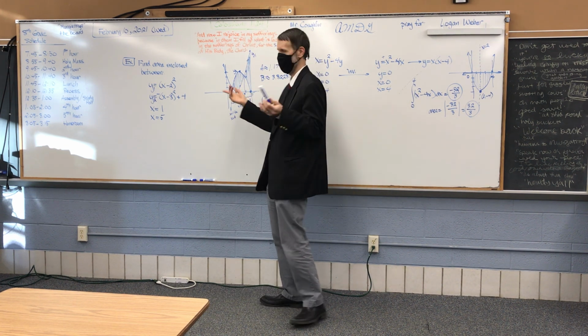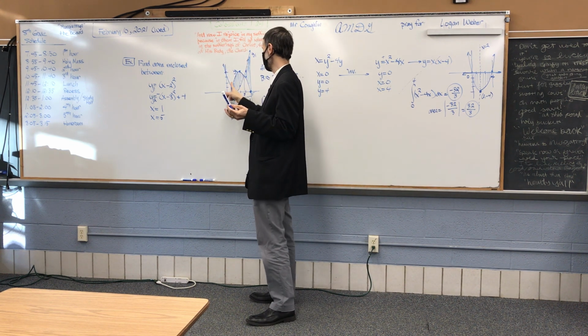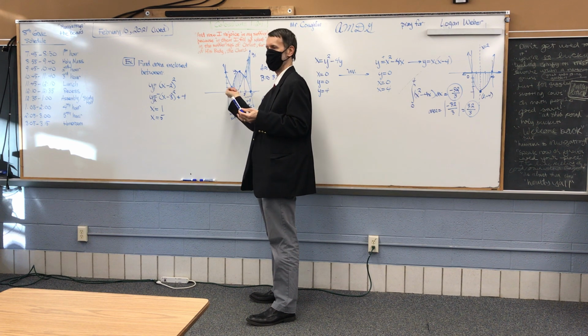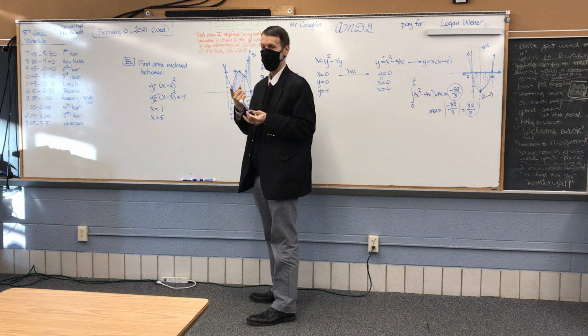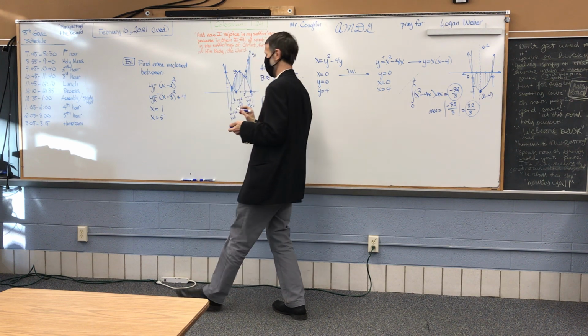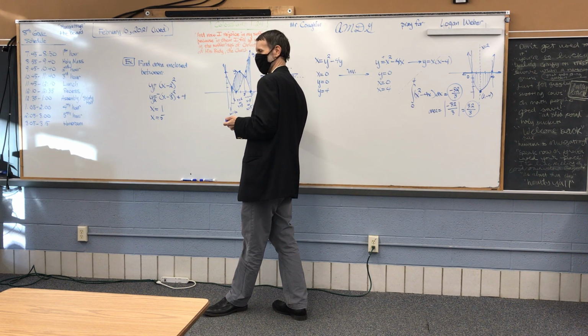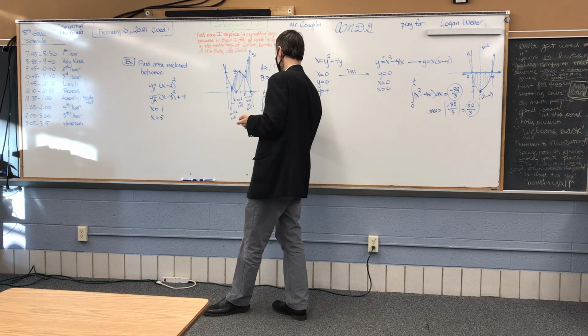If you do them separately, you can just switch the order and make it work. Which one is higher up in the first teeny snippet? Y1, the upper parabola. So it's going to be the integral from what to what, first of all? From 1 to A of what minus what? Y1 minus Y2 dx. That'll be your first piece.